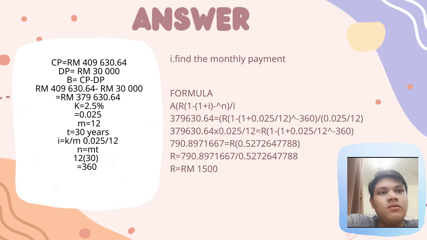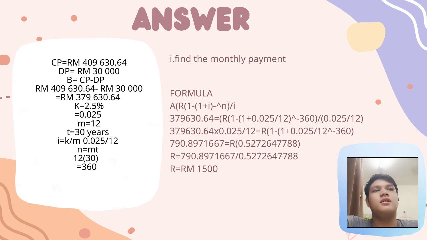For M it will be 12 and T will be 30 years. For I it will be 0.025 per 12, and N equals 12 multiplied by 30, which is 360.